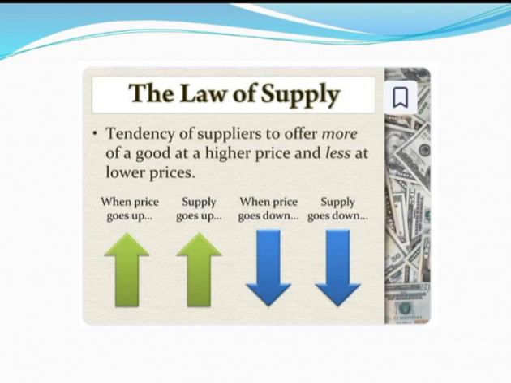Supply basically means availability of stock to supply in the market for a definite period of time. See, when the price goes up, supply also goes up, and when the price goes down, supply goes down. So this shows supply is in a direct relationship between price and quantity supplied.